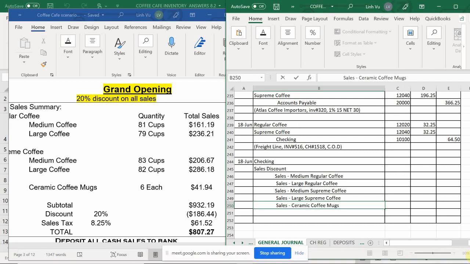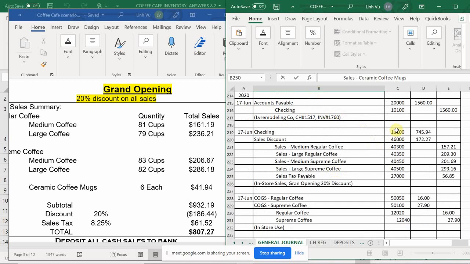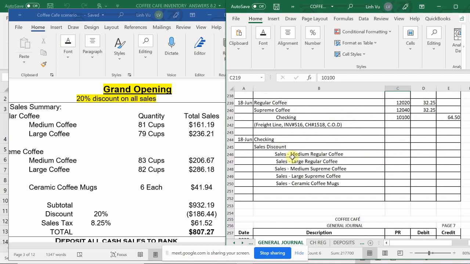So let me see. The sales discount is 46,000. You have all of them, except the ceramic. No, you have the ceramic too. Yep, ceramic is the first time we're selling ceramic coffee mugs. So in this case, we need to find the account.